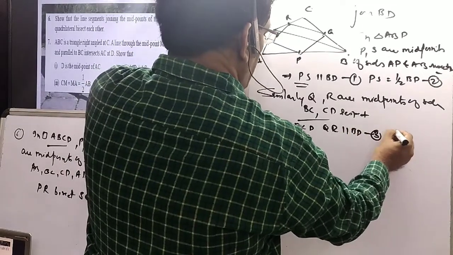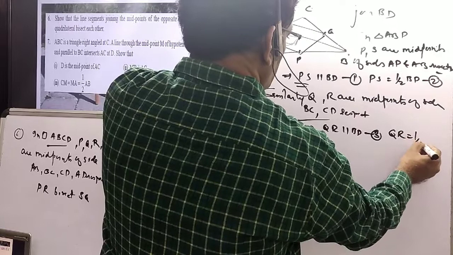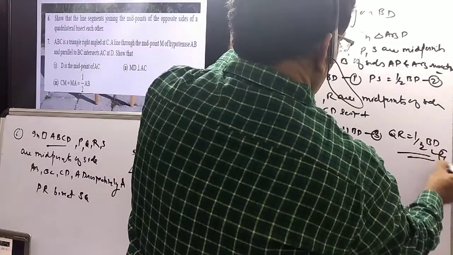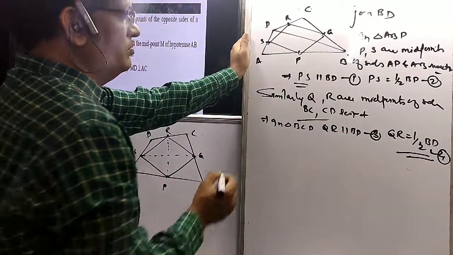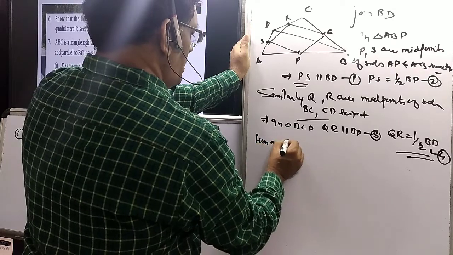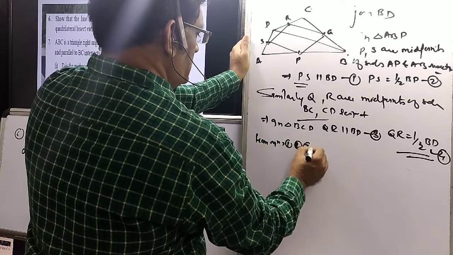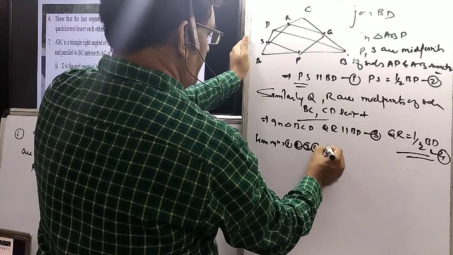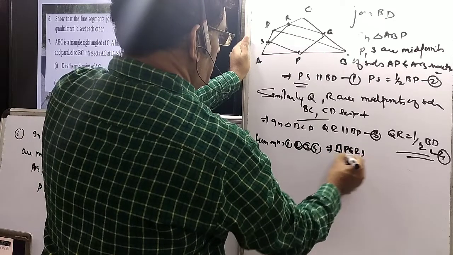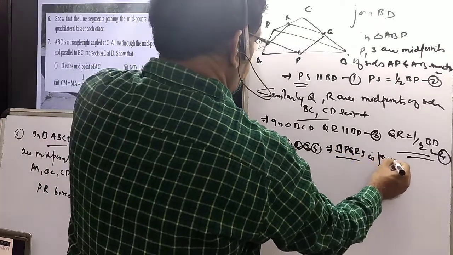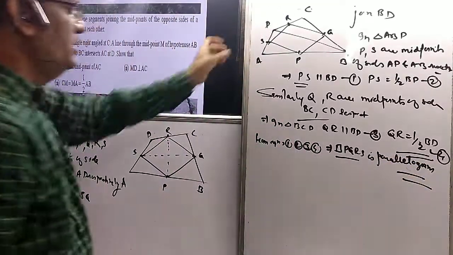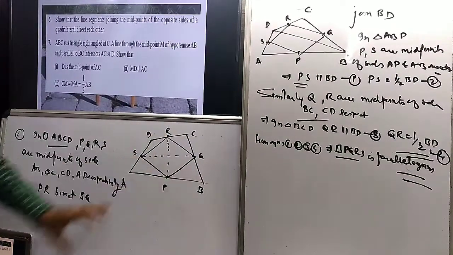This is equation 3, and QR is half BD. This is equation number 4. From equations 1, 2, 3 and 4, we conclude that quadrilateral PQRS is a parallelogram.